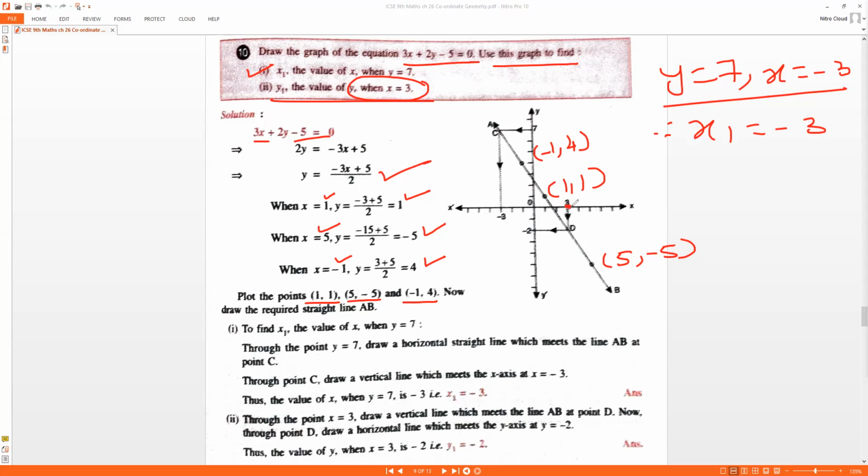From this point, you drop a vertical line such that you intersect the line at point D. From point D, you draw a horizontal line with an arrow to indicate that we intersect the y-axis. So for x is equal to 3, y is -2. So y1 will be -2.